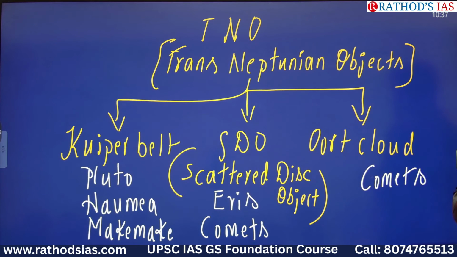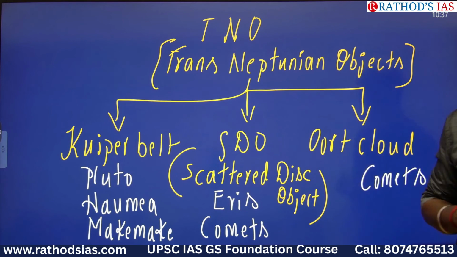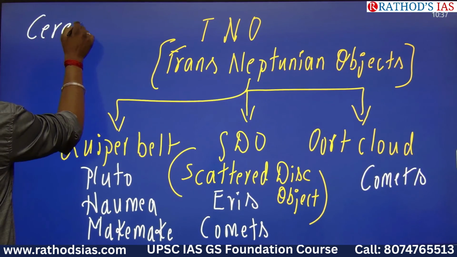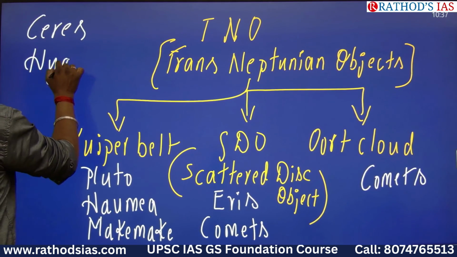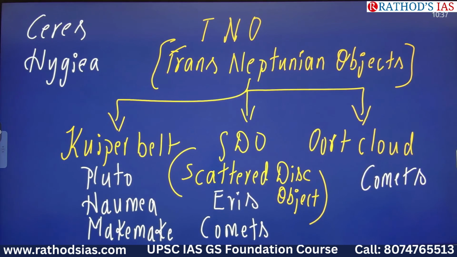Of course there are hundreds of dwarf planets, but the International Astronomical Union has designated these 6. The 5th and 6th dwarf planets are Ceres and Hygiea.